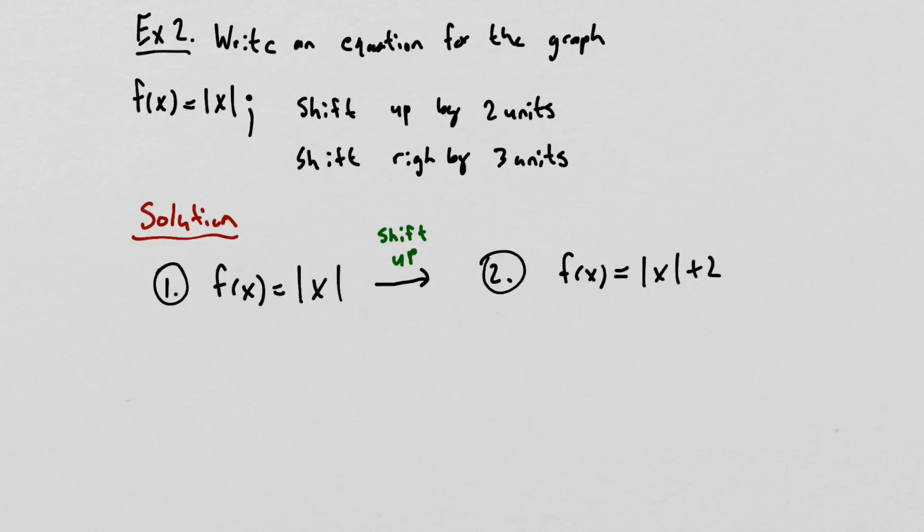And in the last step, we can just apply the last transformation, and we just want to shift this to the right by 3 units. Which means that our function f of x is going to be rewritten as the absolute value of x minus 3 plus 2.